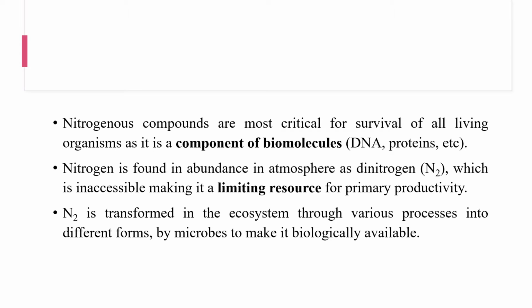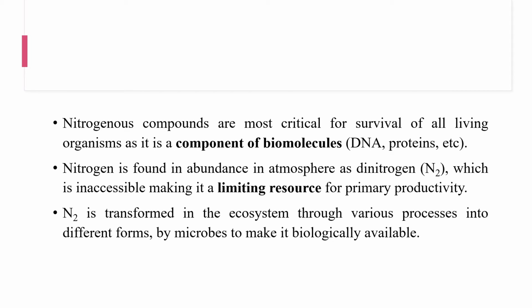Abiotic processes like lightning strikes as well as automobile exhausts can produce oxides of nitrogen, while in biological processes there are numerous prokaryotes and archaea and even fungi that can fix this atmospheric nitrogen into its biologically available form for the rest of the plants to use.